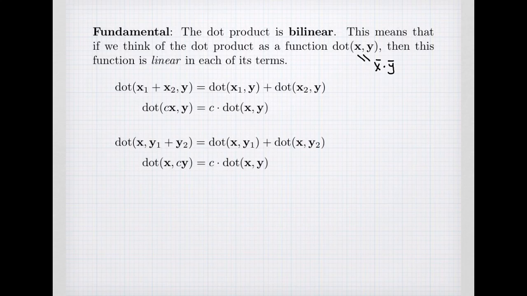And so this has this idea that it's linear in the first entry. So here I have a sum rule and a constant multiple rule in the first entry, and I have a sum rule and a constant multiple rule in the second entry. And just to give you an idea of how this would work, when I'm doing my dot product, I'm going to consider this as a summation and split it up.